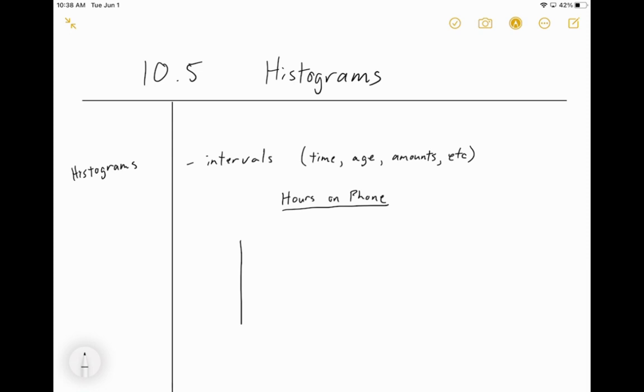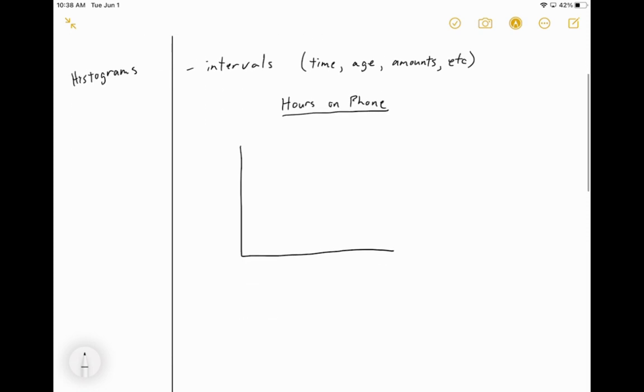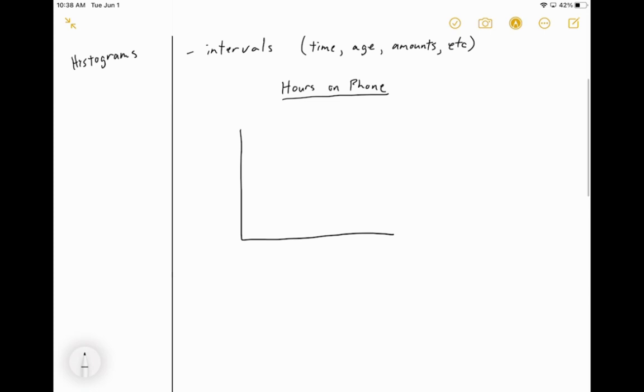And we're going to go ahead and draw this graph. I made these separate categories. Unlike a bar graph, where you're going to see words, in a histogram you're going to see numbers, interval numbers. So my intervals were 0 to 2, 2 to 4, 4 to 6, and 6 plus.